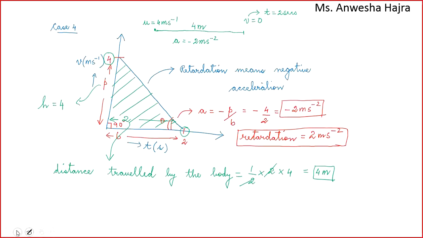Now, if we have a graph like this, that is case 5. Say this is velocity in meter per second.